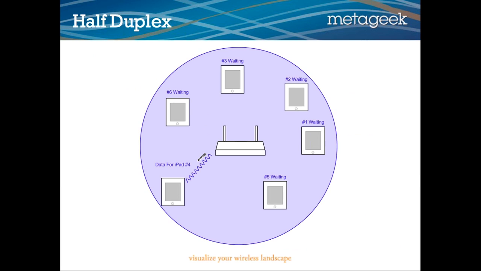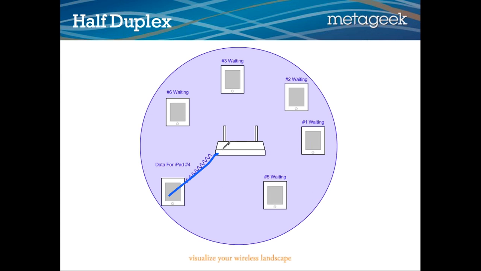So back to the half duplex nature of Wi-Fi. We talked about how only one device on any given channel can talk at any given time. And instead of having just one access point and one client like we did earlier, let's throw 7 Wi-Fi devices onto this channel. We've got our access point and we've got all of our different client devices here.